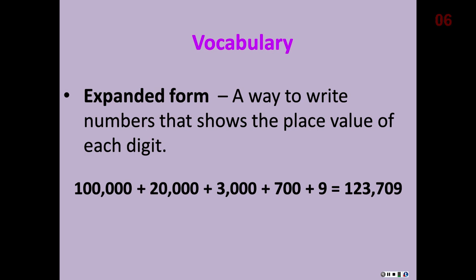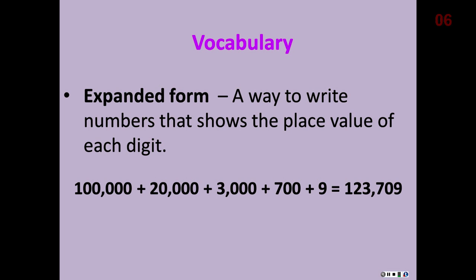We know that the 1 stands for the 100,000s place. The 2 stands for the 10,000s place. So it's 20,000. That's the value. The 3 stands for thousands, so it's 3,000. The 7 is in the hundreds place, so it's 700. So you're going to add up the values of each digit in its value place.